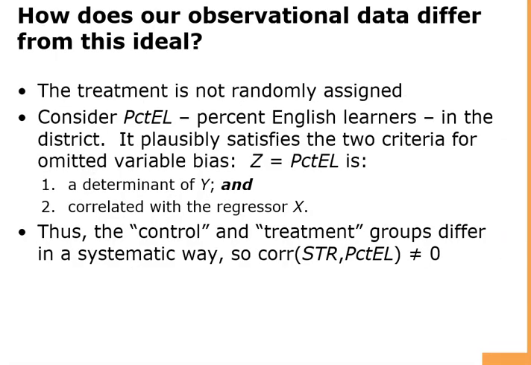But how does our observational data differ from this ideal? We are in a situation where the districts in which the schools are located serve some sort of population, and those populations have different characteristics. For example, some populations might be richer than others, and some might have a higher percentage of English learners than others.